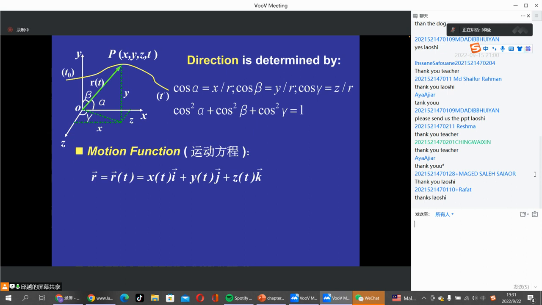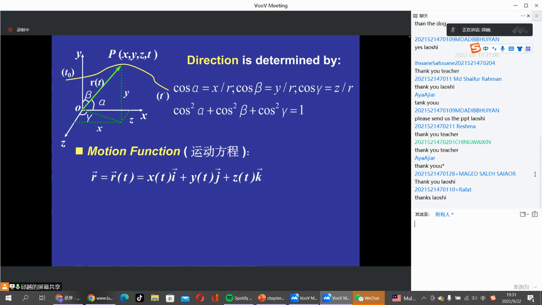For x, y, and z, they are all determined by the time point t, by the time t.